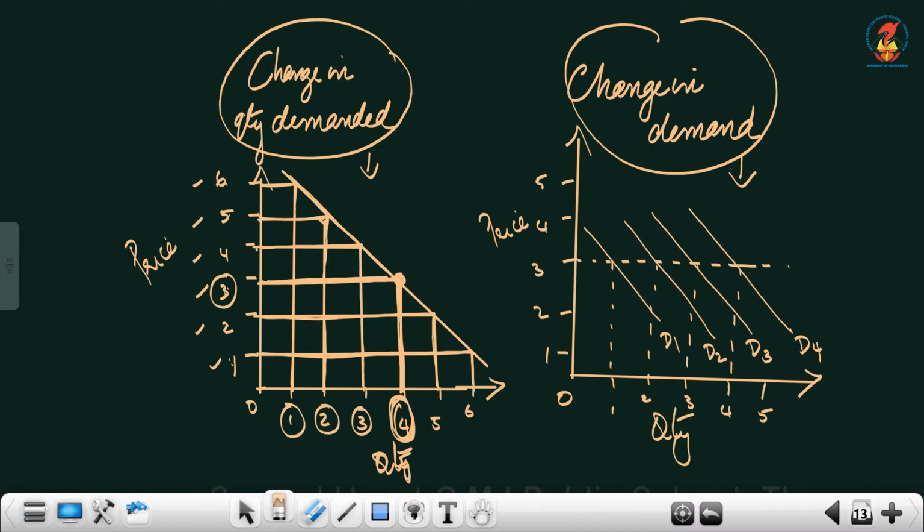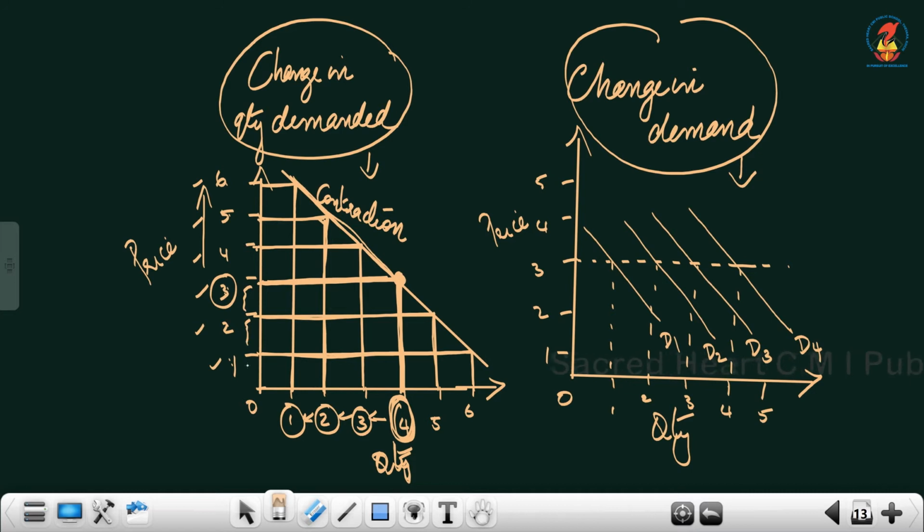What is the reason behind that? Because the price is going up. So as the quantity is decreasing, we can mark from this area to this area as contraction. Now, after point 3, price 3 is the reference of study, isn't it? After the price 3, what is happening to the price?